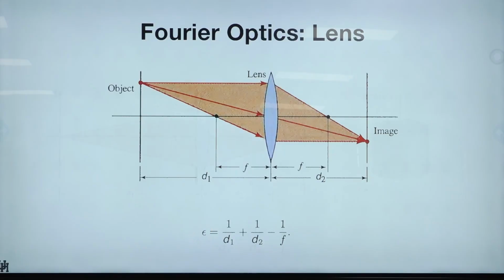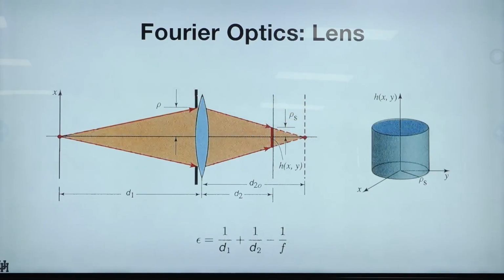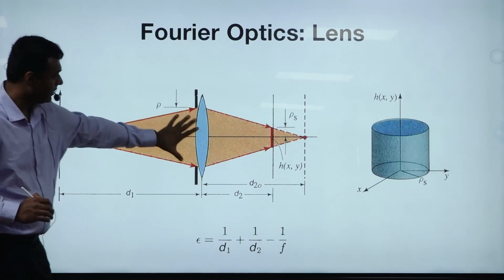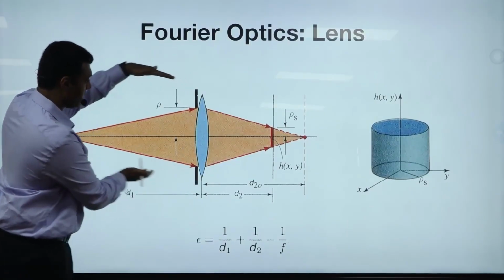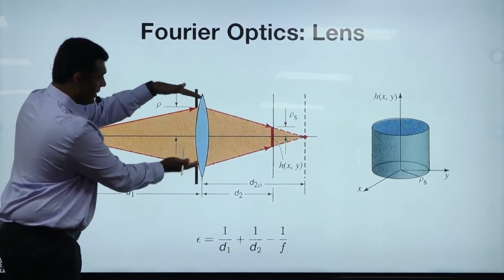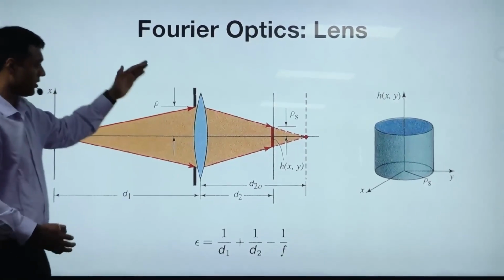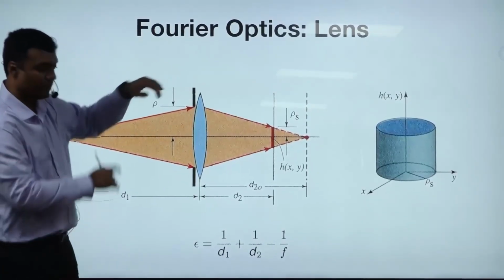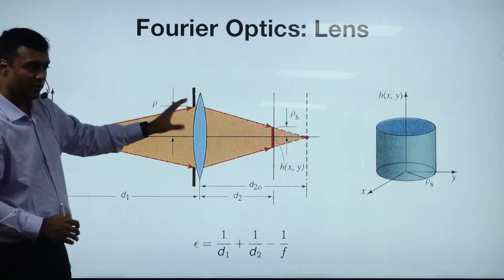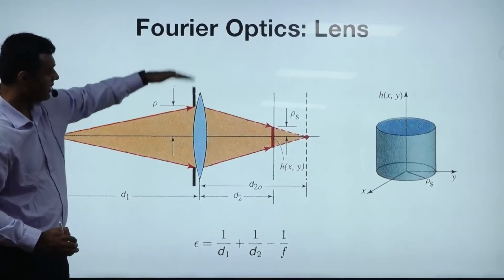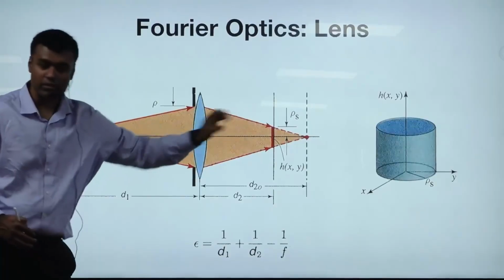Okay, so if you just have one point emitter and you have a lens here, there's a limitation to which the light rays go through. You have what's called an aperture. Basically, you take a black piece of paper, cut a hole in it, and put it in front of it, and so light here is getting blocked. Only light in the middle is going through.